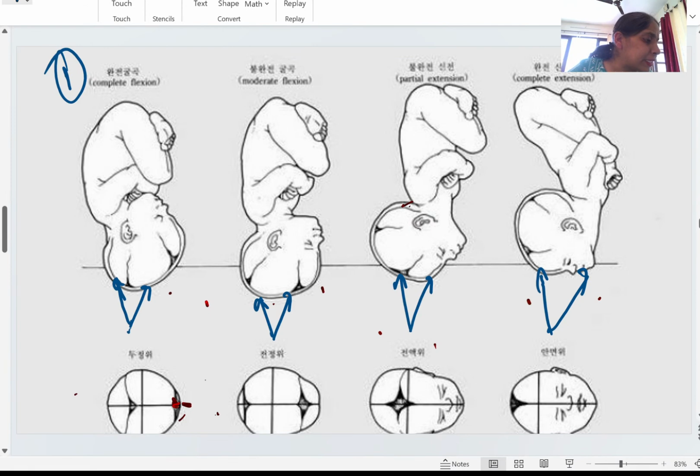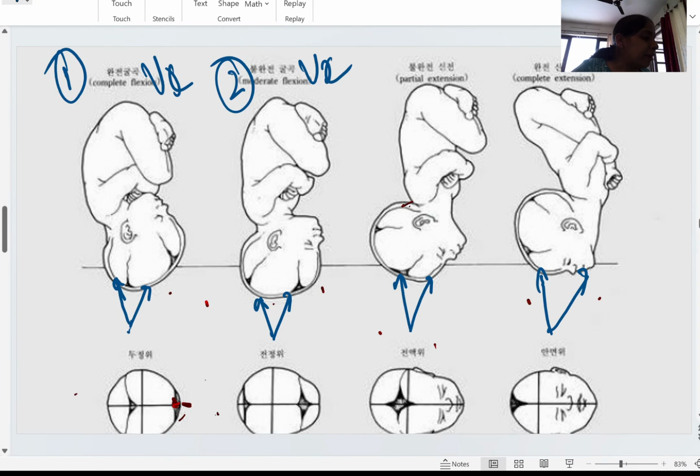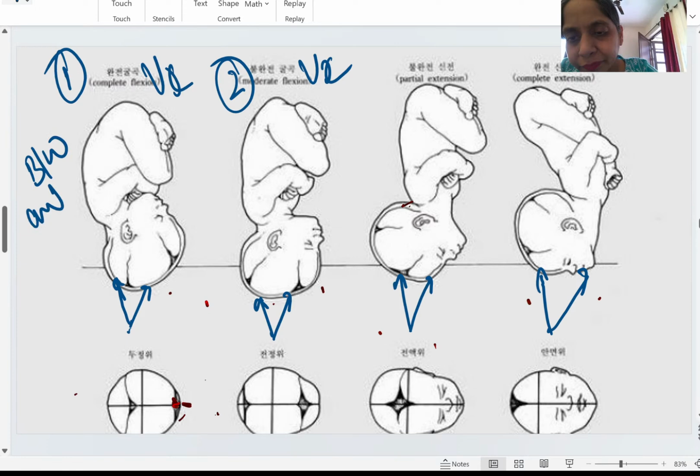In the first and second, it is vertex because we are feeling between the anterior and posterior fontanelle.